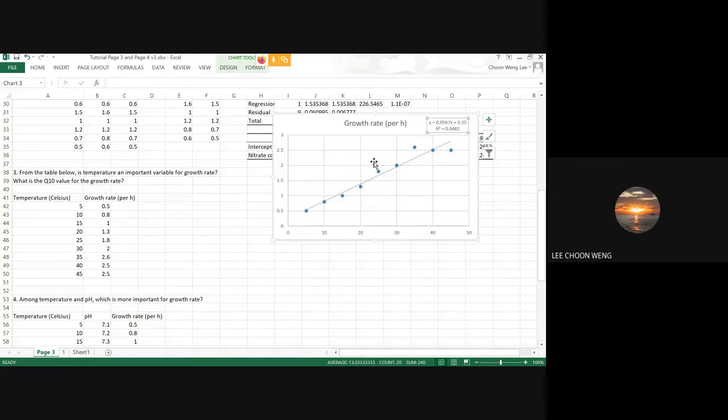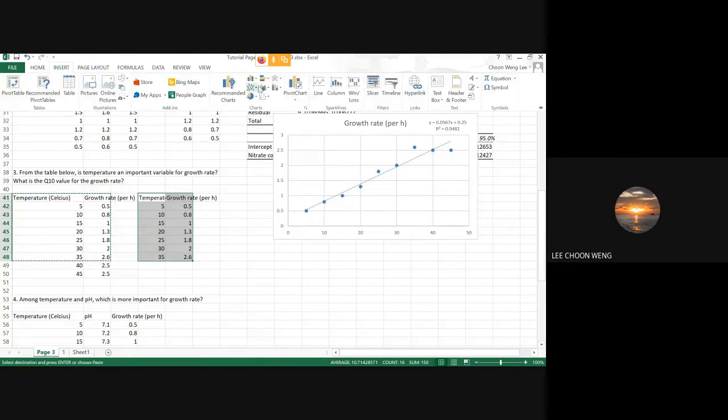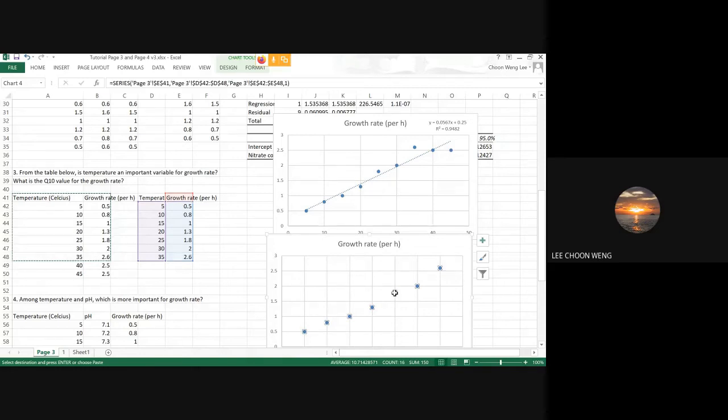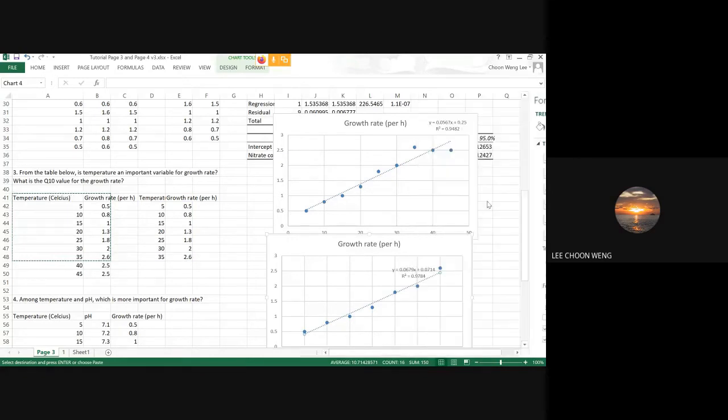But if you were to take only until here, okay, so the results are very different. Your slope, okay, 0.0679 and 0.0567.